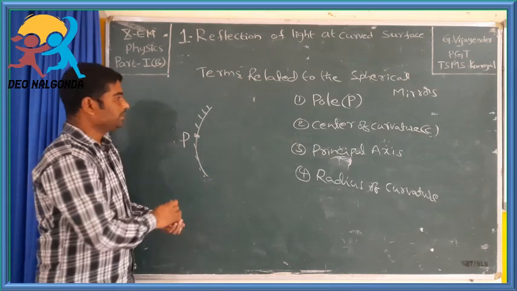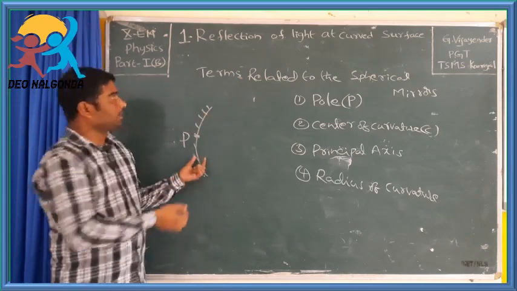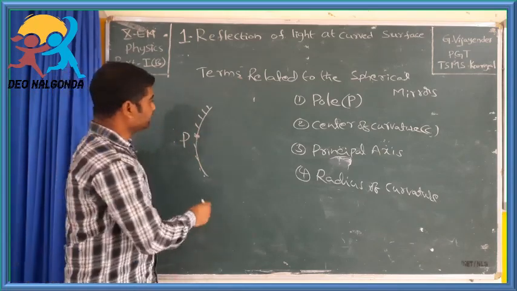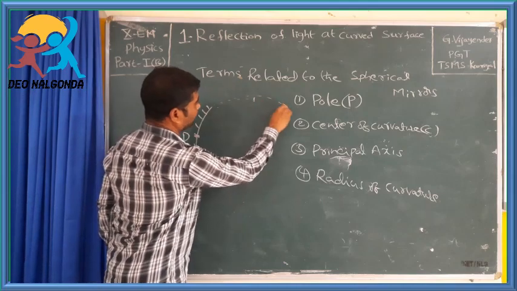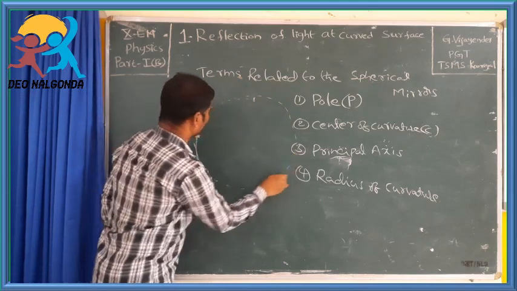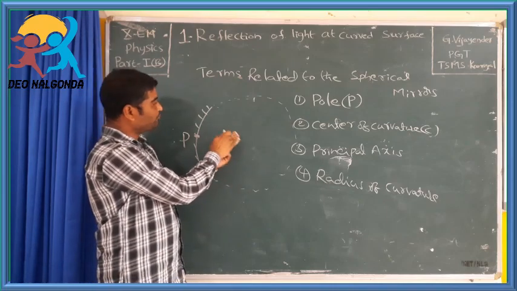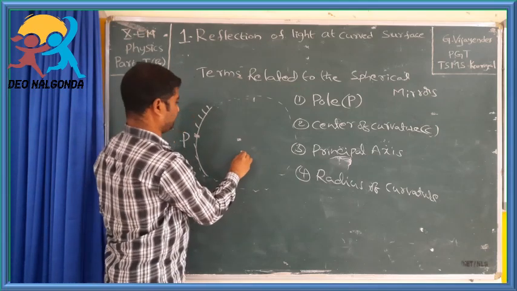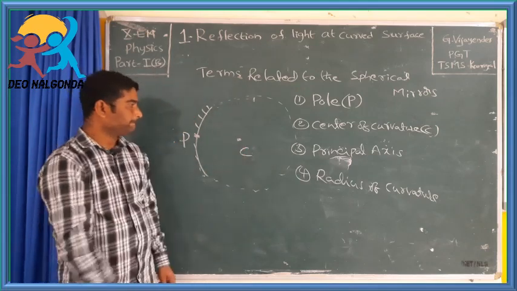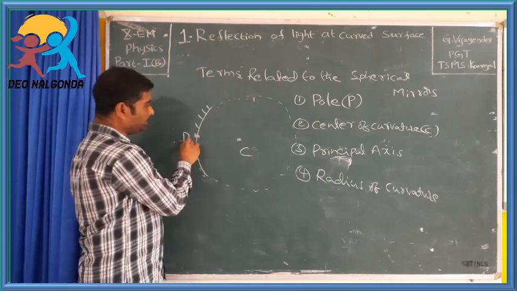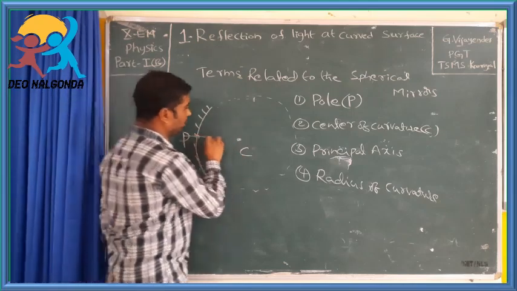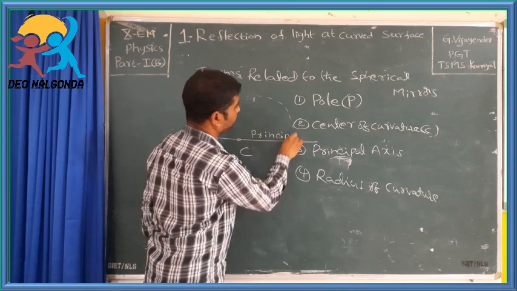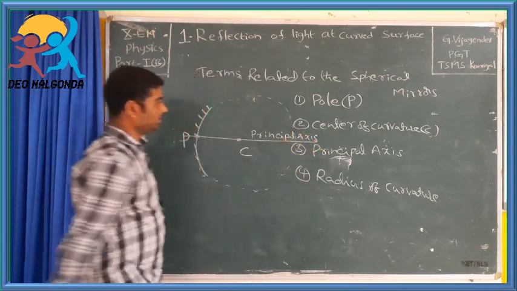First, the pole. This geometrical midpoint of the spherical mirror is called the pole of the mirror, denoted by the capital P. Next, this concave mirror is made from a sphere. The center of the sphere of which the spherical mirror is a part is called the center of curvature, denoted by C. The line passing through the pole P and the center of curvature C is called the principal axis.